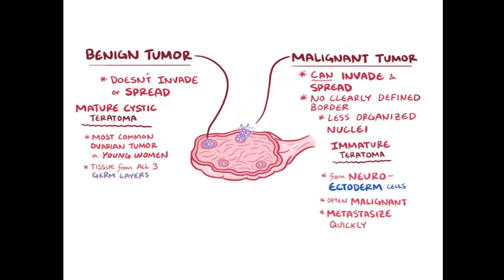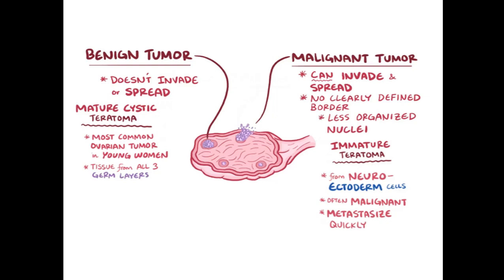Now, teratomas may be benign or they may be malignant. As you know, a benign tumor will not invade the local tissues, it will not have local extension, and also it will not undergo metastasis or spread to other parts of the body.